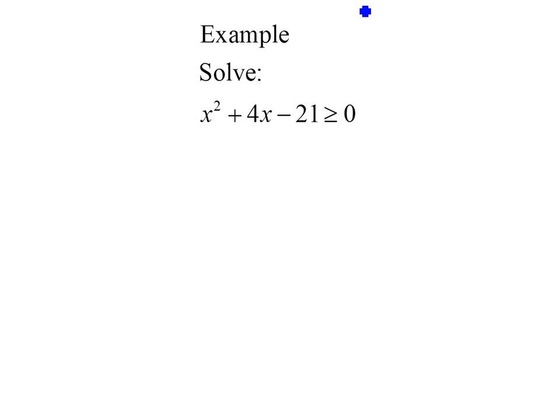That's true. So this is good. What happens if we plug 0 in? Get negative 21. True or false? So that's not going to work. So let's plug 4 in. What do you think?